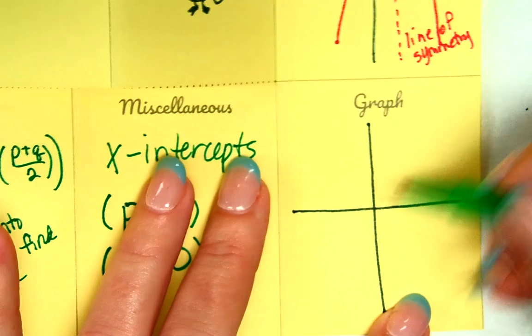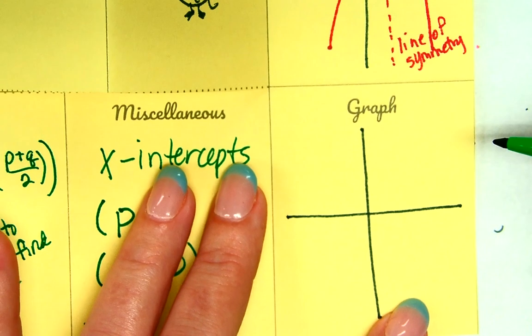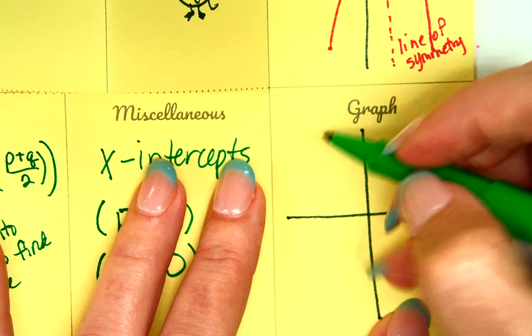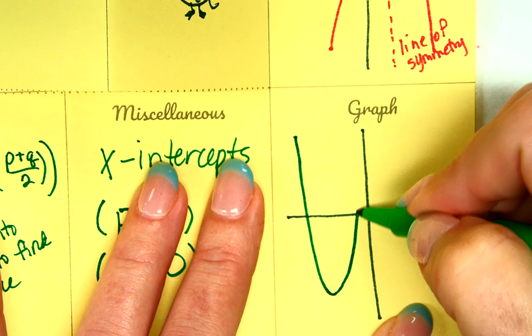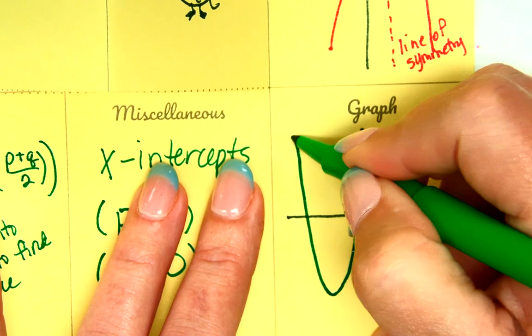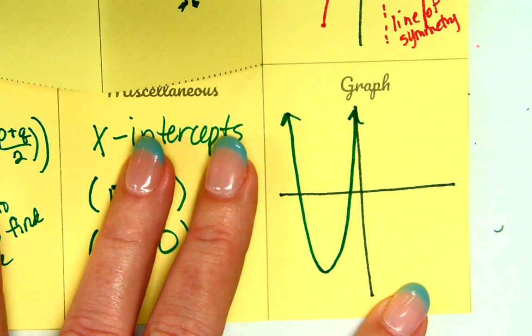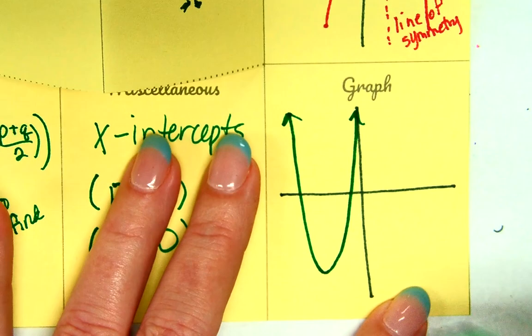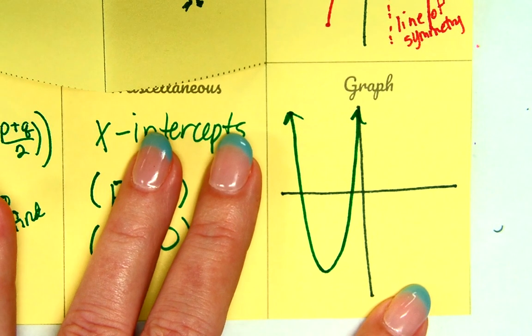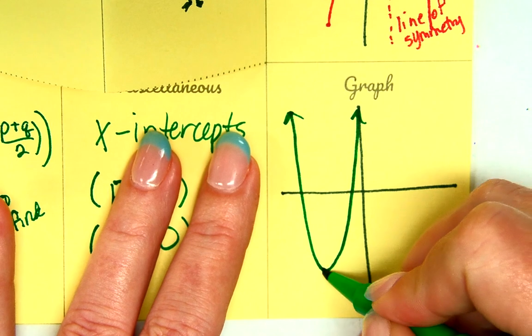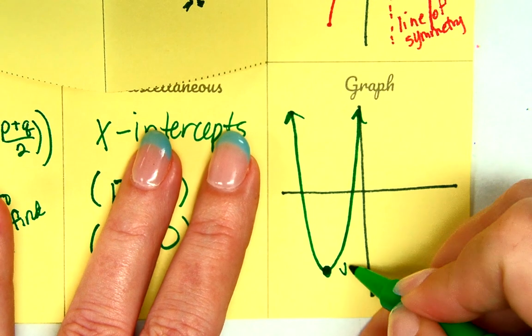You want this one opening up or down? Right, it doesn't matter. You want it opening up? Okay. How about if we make it like this? Like really thin. Is that okay? What can we know by the intercept form? For sure I know vertex.